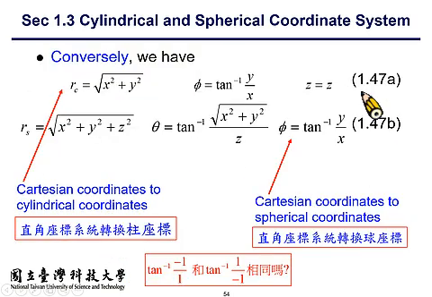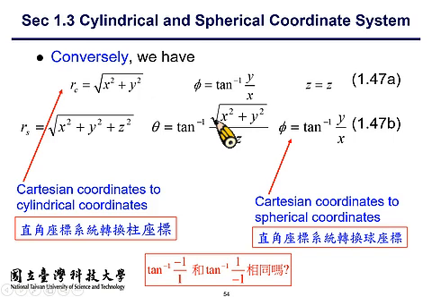And for the conversion from Cartesian to spherical coordinate system, 1.47b gives you the three essential formulas. So you have Rs equals the square root of the square sum of x, y, and z, and theta is the arctangent of this over z. So what is this? This is the projection of the vector from the origin to the observation point on the xy plane.